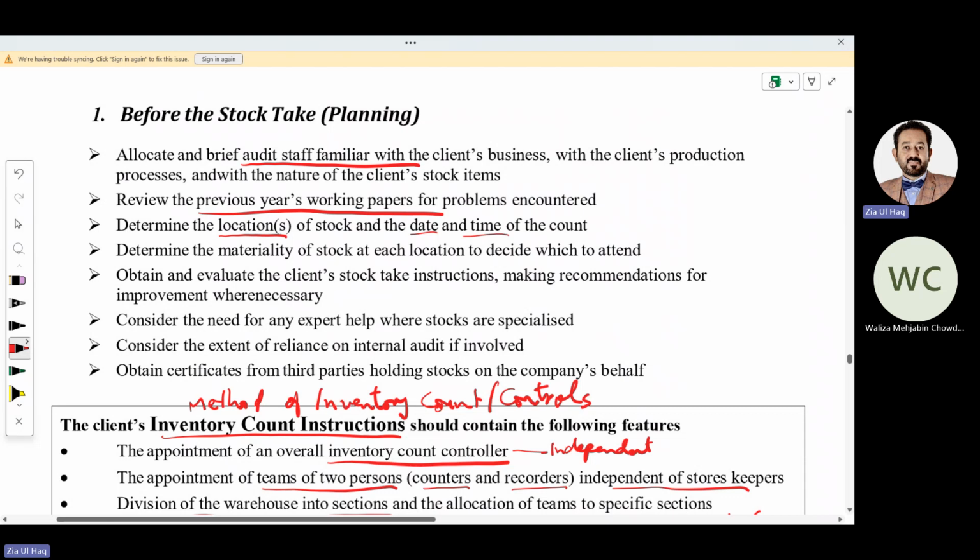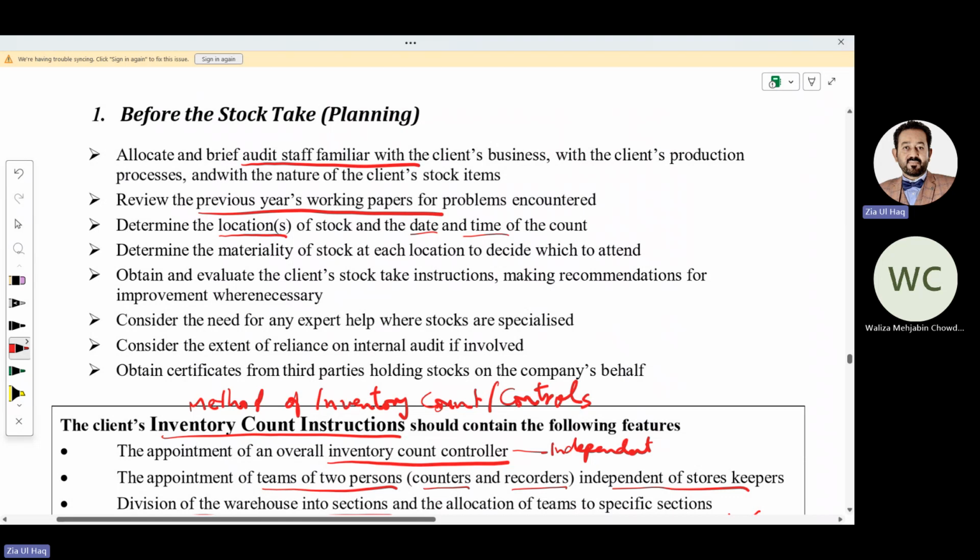What happened once, I was in London and I was an audit supervisor, and my manager assigned me a task to attend the inventory count of our client. I was aware of the date. The inventory count was going to be conducted on Saturday. What happened?